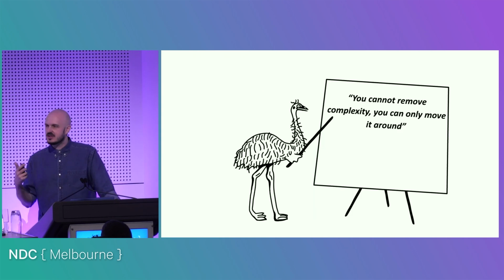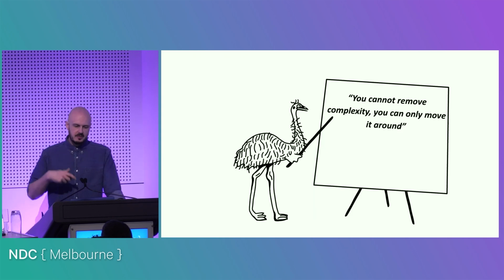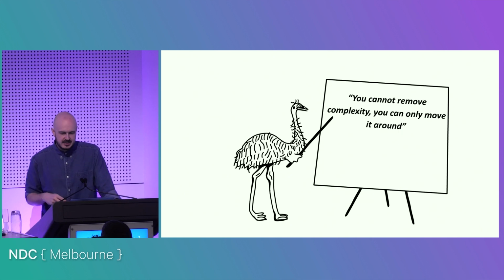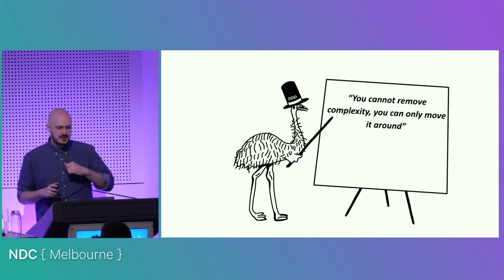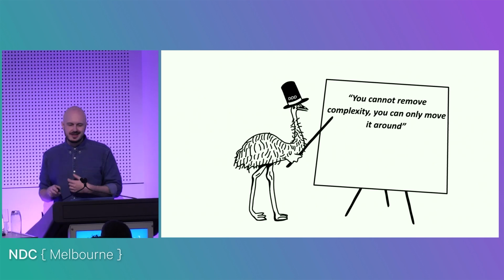And we were able to reach that simple solution because domain-driven design and those other techniques helped us to get around this guy. You can't remove complexity, you can only move it around. Because with our DDD hats on, we can see that this is kind of true, but it needs a few amendments and a pretty big asterisk on it.